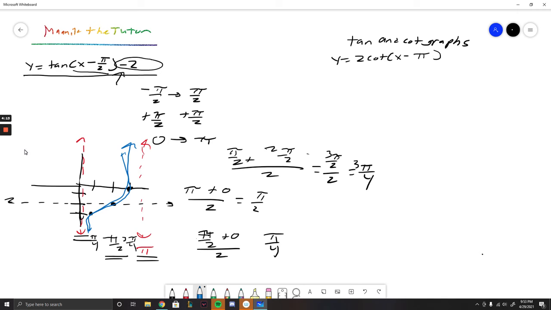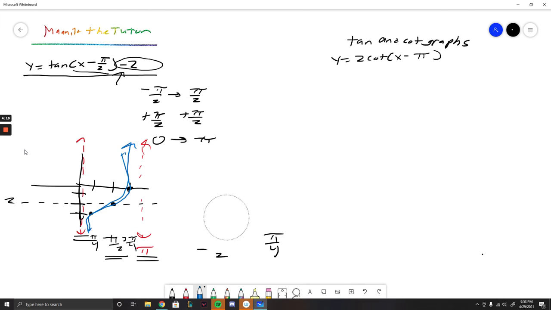Let me erase this and clear up a bit more space for this graph. So let's get started with 2 cotangent of x minus pi.